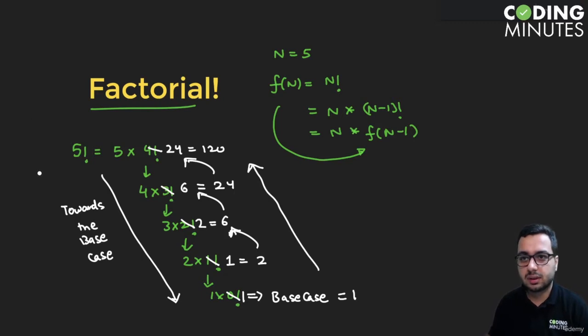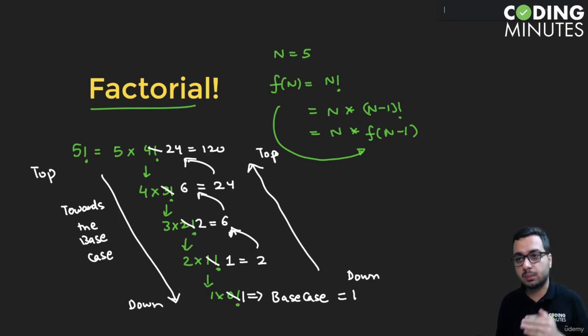This is from top to down, and this is from down to top. So we would be doing work in two directions. First, we break and simplify the problem, then we combine the solutions to form the answers of the bigger subproblems that we have left. This is how recursion is going to work.